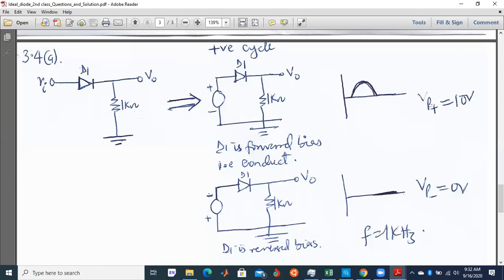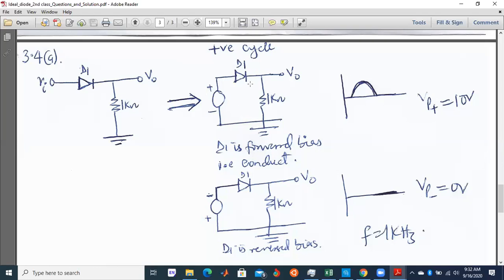If you did not write it out during your quiz or your test, I will not give you a mark for this. After plotting this one, you can see the positive terminal of the supply is attached to the positive terminal of the diode, while the negative terminal is connected to the negative terminal of the diode.